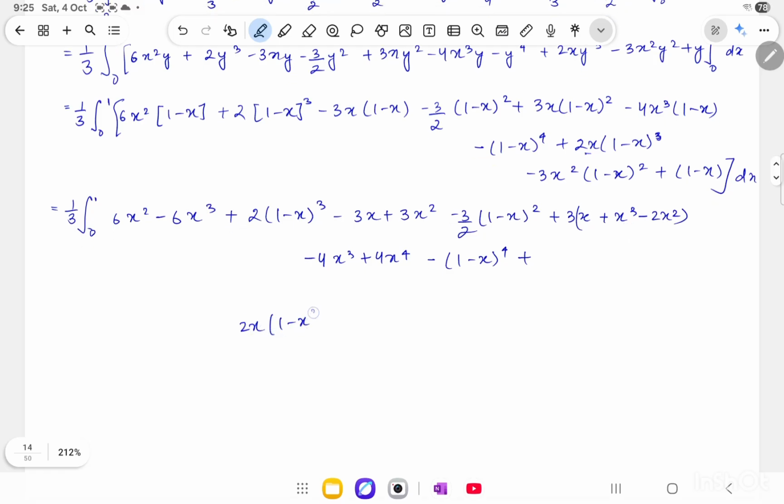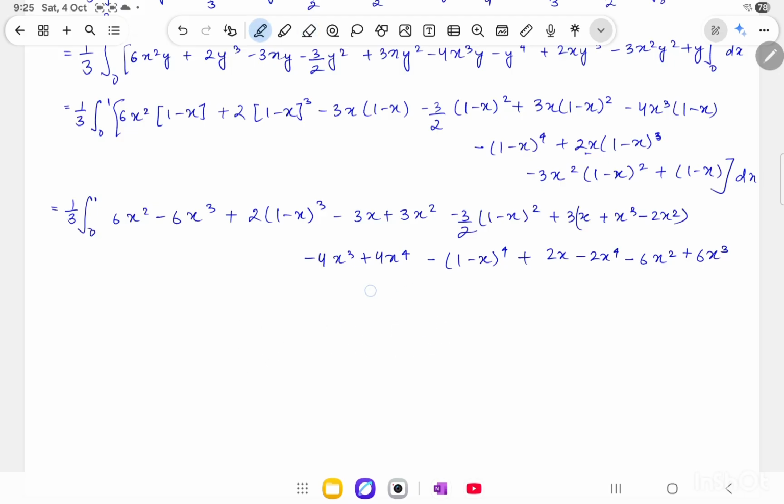into (1 minus x) cube minus 3x plus 3x square, that equals 2x minus 2x raised 4 minus 6x square plus 6x cube.